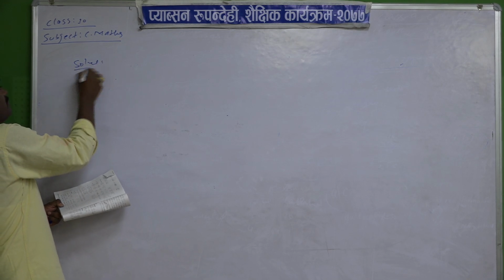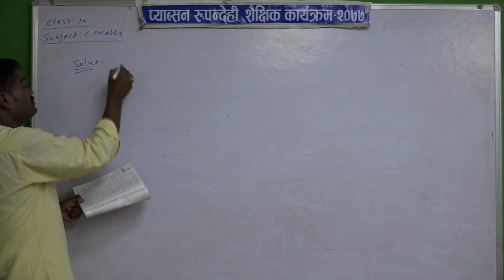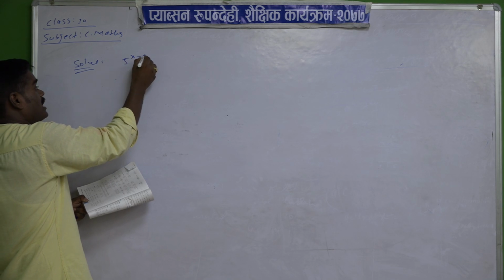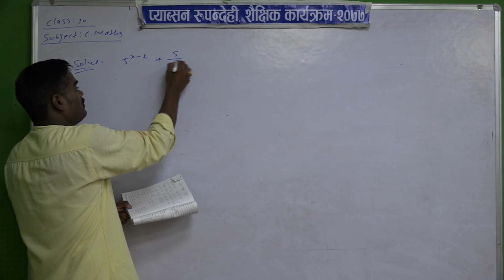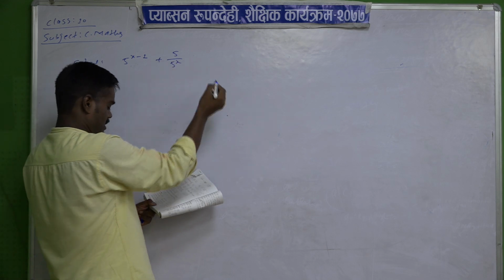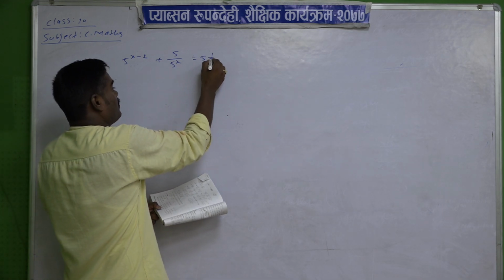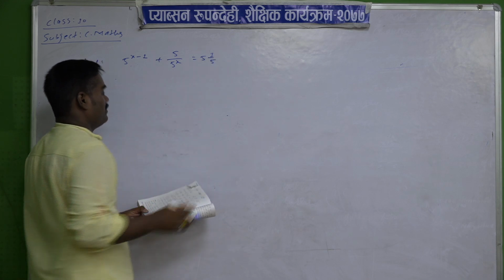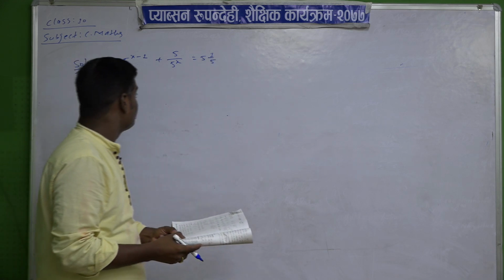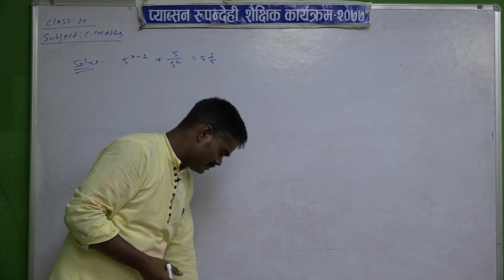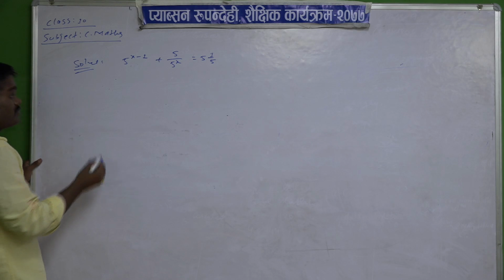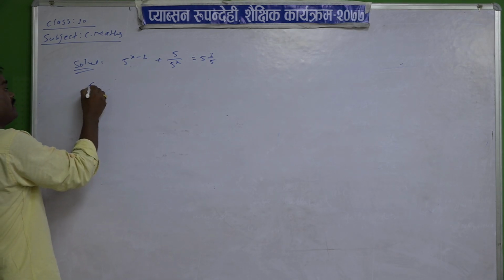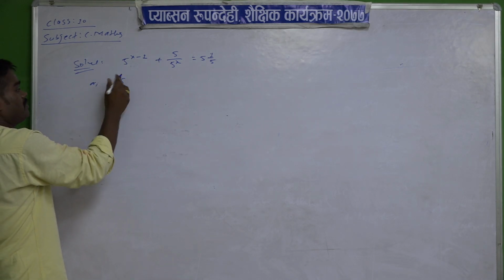Solve means you have to find out the value of variable x: 5 power x minus 1 plus 5 upon 5 power x equal to 26 by 5, like this it is given. Here first you have to separate the base.